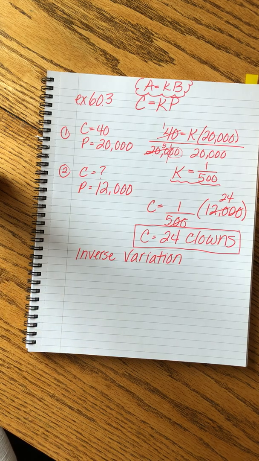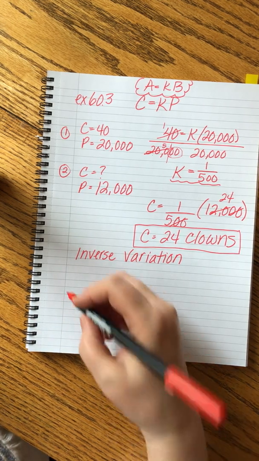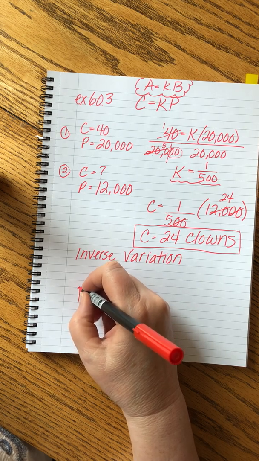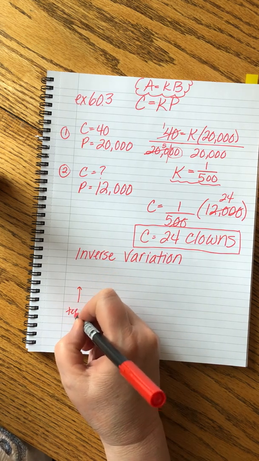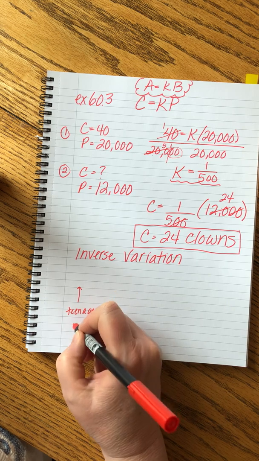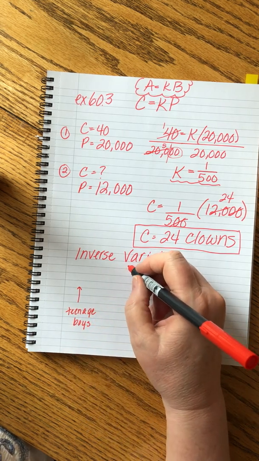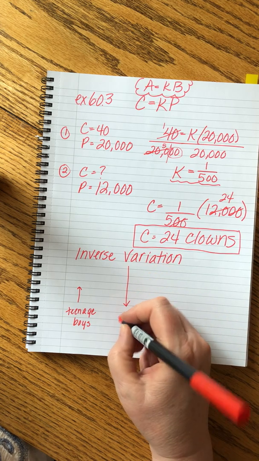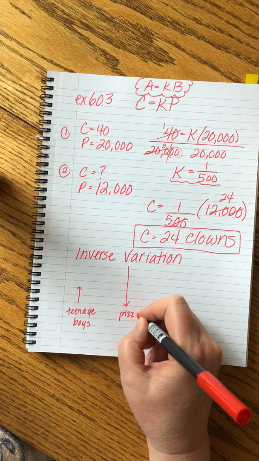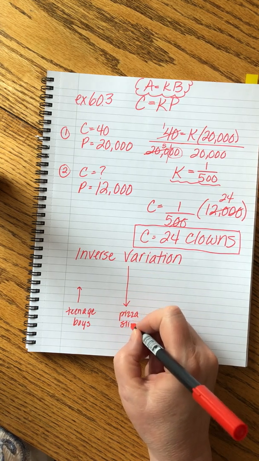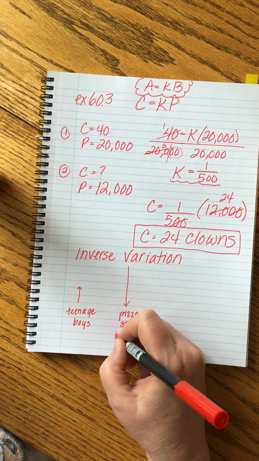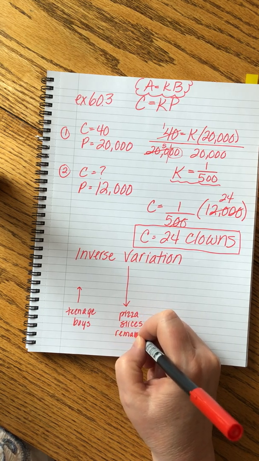This time, our 2 attributes are moving in opposite directions. So, for example, as the number of teenage boys increases, the number of pizza slices remaining goes down. Does that make sense?